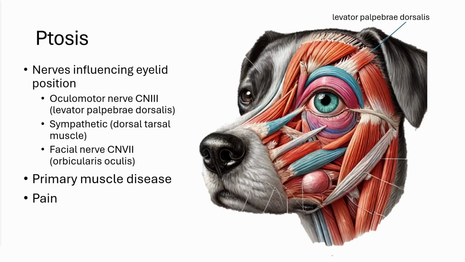The facial nerve supplies the orbicularis oculi round the eye, whereas the main innervation to the eyelid is the oculomotor nerve, which supplies the levator palpebrae superioris, so the actual eyelid, and the sympathetic also supplies some innervation there through to the dorsal tarsal muscle. We can also get ptosis because of primary muscle disease, but you can also close your eyes because you're painful. And so ptosis is not necessarily neurological.